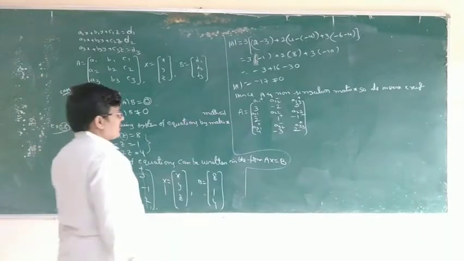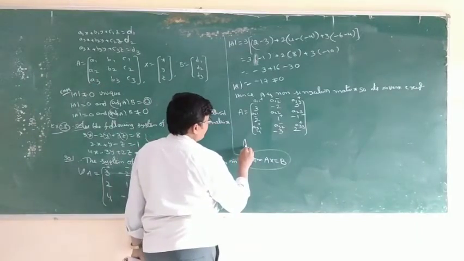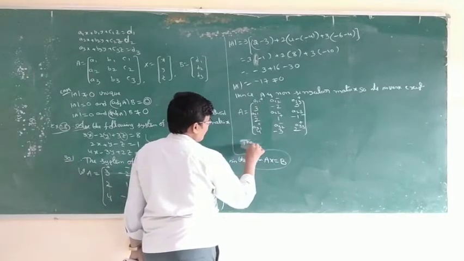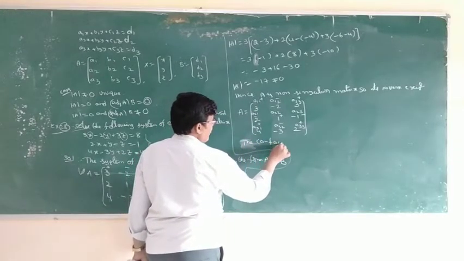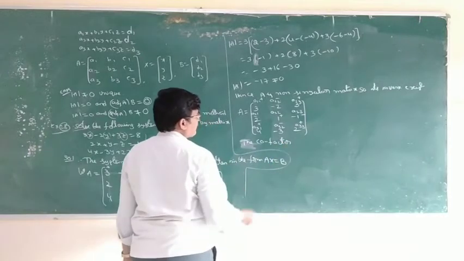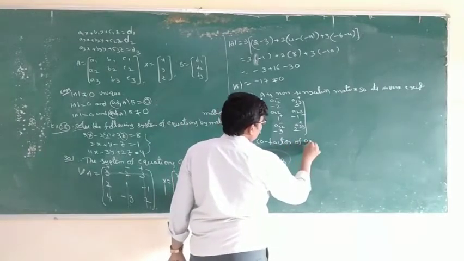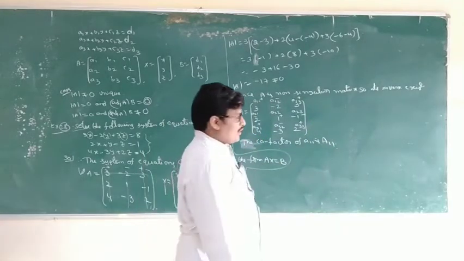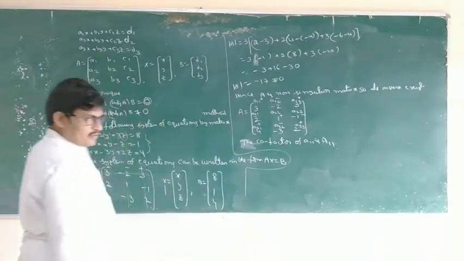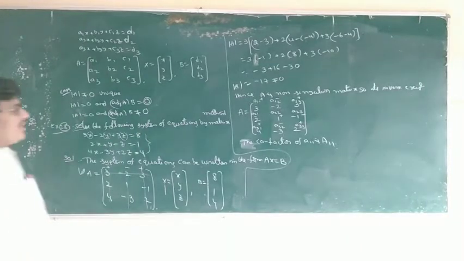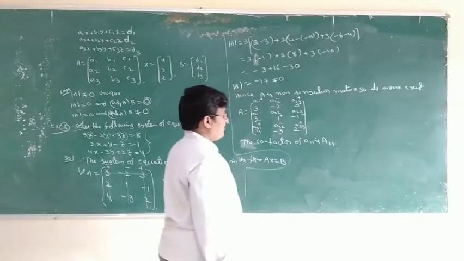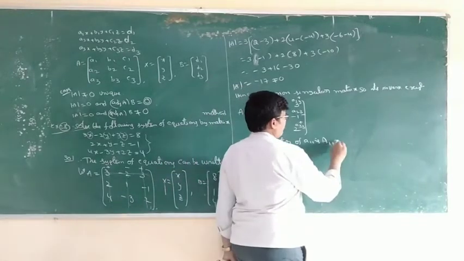First, the cofactor of small a11 is capital A11. How to find capital A11?